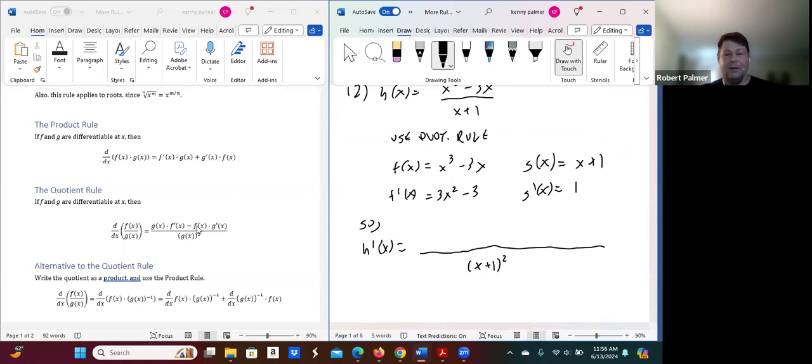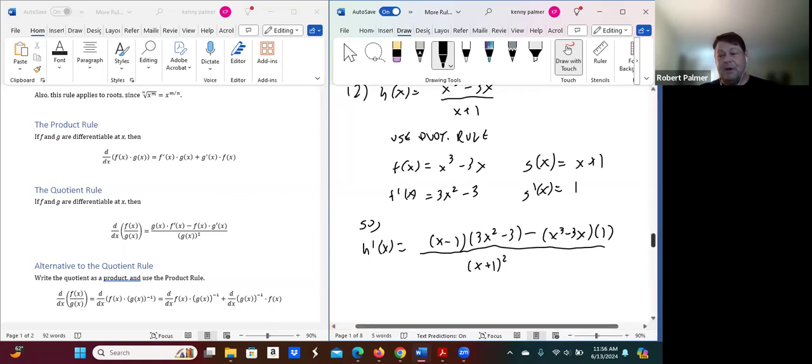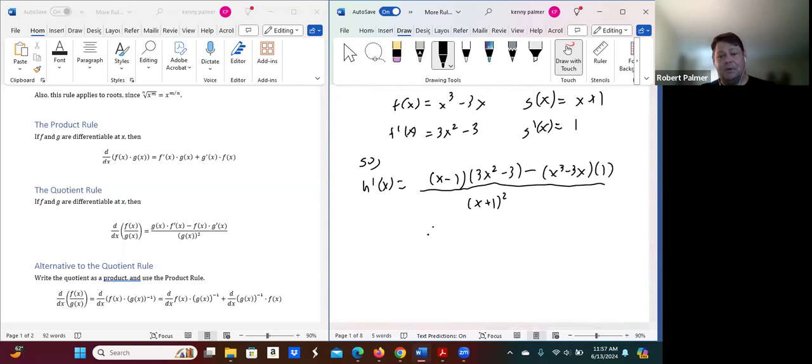Then we have g of x first, so x plus 1 times the derivative, f prime of x, so 3x squared minus 3, then minus, and then the opposite: f of x, which is x cubed minus 3x, times g prime of x, which is 1. Once again, we want to simplify it, just good practice, even though it's a pain.